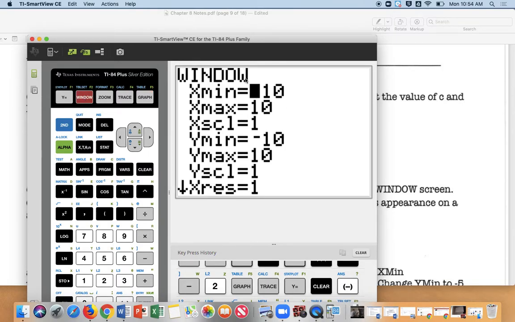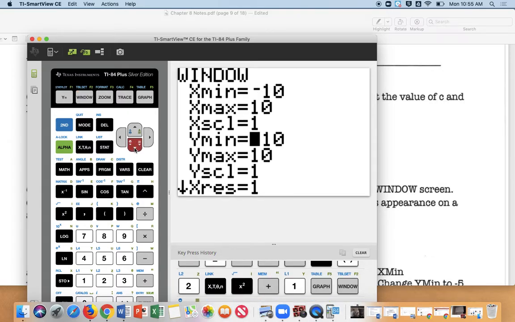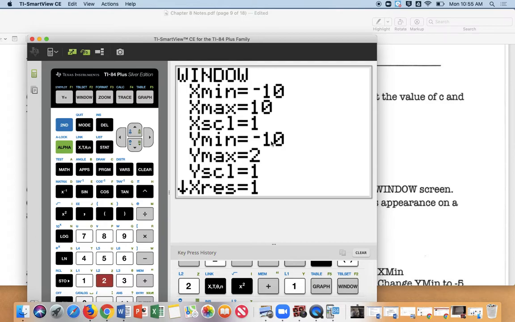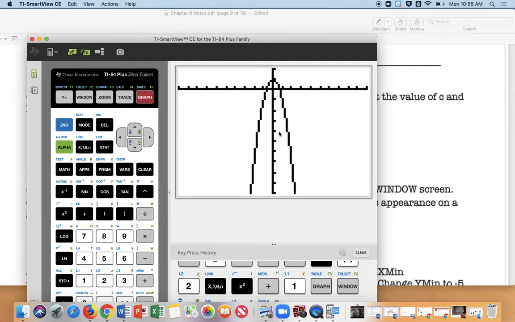Say I want my y max to be 2. Now I can see more of the graph, it's opening down, and I can interpret a lot more about what's going on down here.